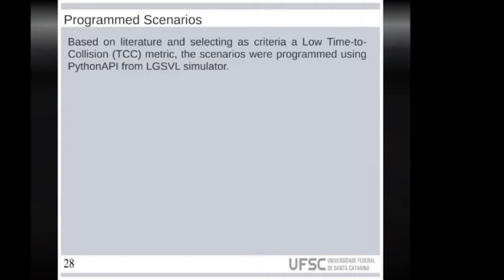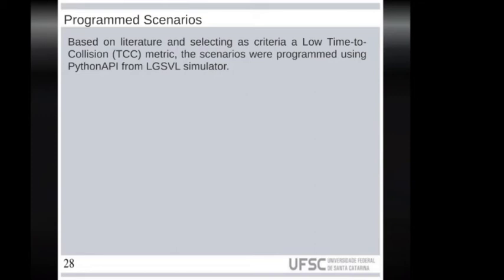Okay, programmed scenarios. Using all the literature and the Dreamland, I decided which scenarios to test, also using the time to collision metric. That means the car is 1 second from colliding with the following car.